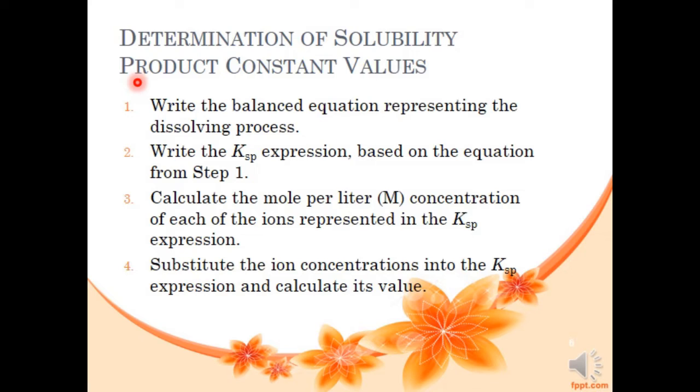The product and the reactant have to be stoichiometrically balanced, and then we write the expression for Ksp. Next, calculate the mole per liter, or the concentration, of each ion represented in the Ksp expression, and then we can calculate the value after substituting the concentration.